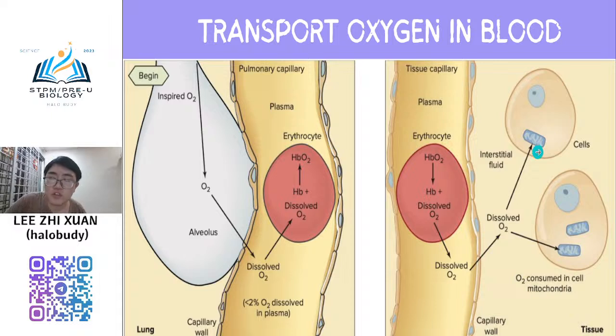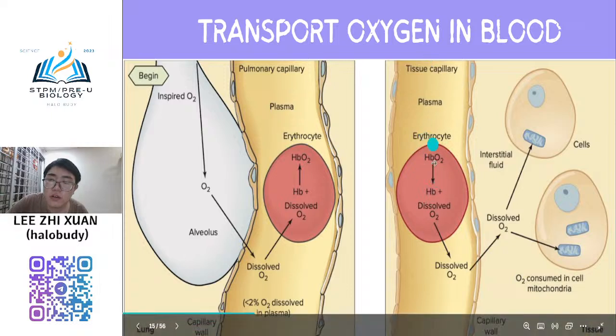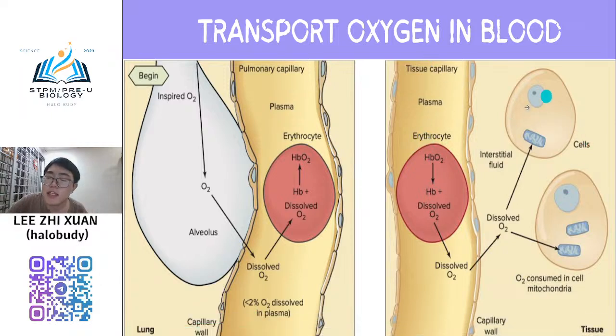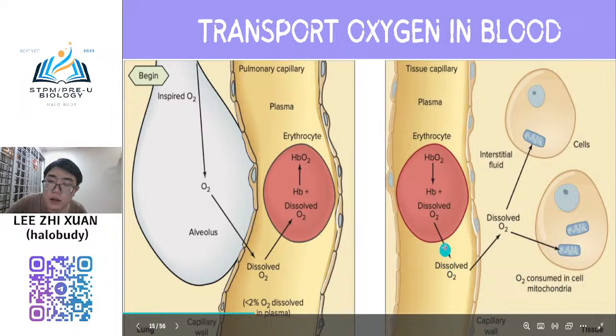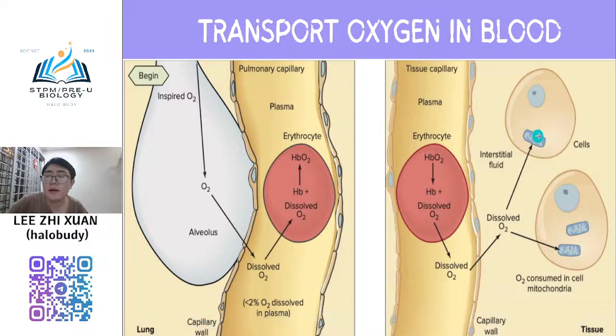At the tissue capillary the partial pressure of oxygen is very high, and in the tissue that contains cells the partial pressure of oxygen is very low. That's why the oxygen gas diffuses out from the erythrocyte into the blood plasma, then to the interstitial fluid, and the cell will take up the oxygen.